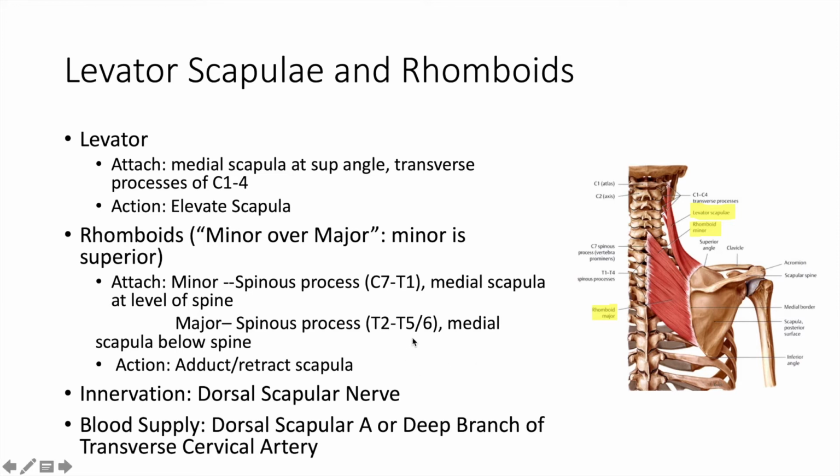So if I'm looking in lab and they, let's say, tagged one of these, and I don't know which is which, major or minor, most of the time it's minor over major. So remember that in your head. So this is rhomboid minor, and this big muscle is rhomboid major.